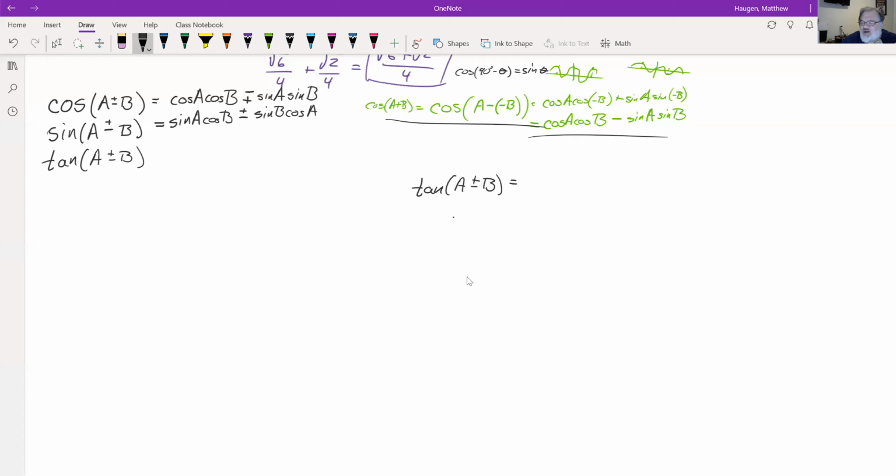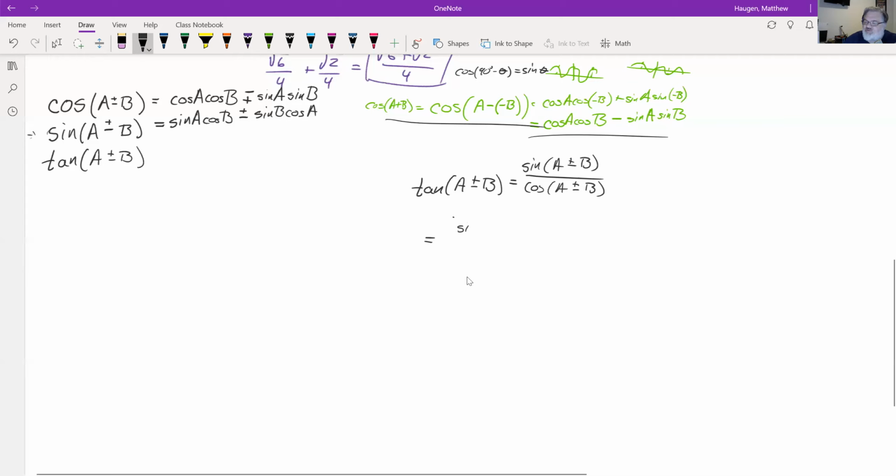Tangent of A plus or minus B is going to be the sine of A plus or minus B over the cosine of A plus or minus B. And yeah, we're going to build both the plus and the minus at the same time here. We know what the sine looks like, the sine of A plus or minus B. That's the formula we just built.